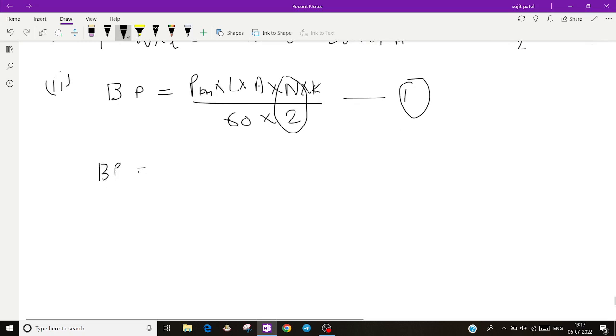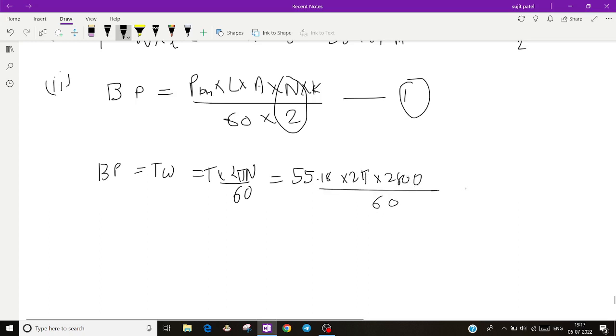Brake power is equal to torque into omega, that is torque into 2 pi N by 60. Torque is 55.18 multiplied by 2 pi, N is RPM given 2800, divided by 60. When you solve this, you will get 16.18 kilowatt. Answer in kilowatt. Now substitute this value in equation 1.